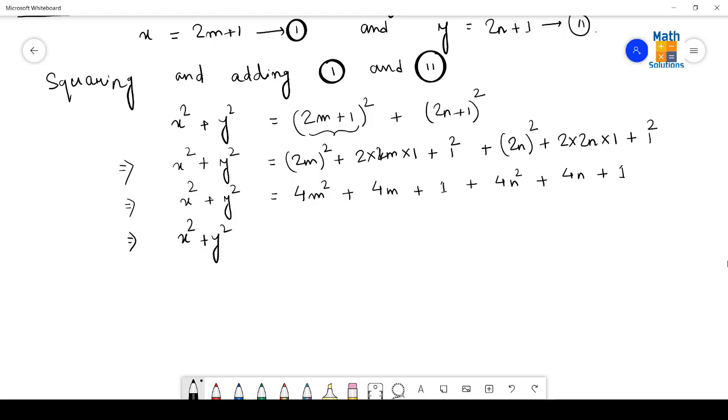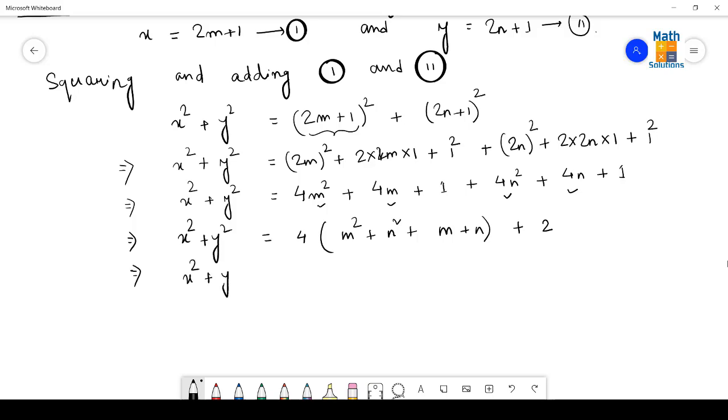Left hand side will remain as it is. On the right hand side, I can take common 4 in all these 4 cases. Am I right? So I'm going to take common 4 in all these 4 cases and arranging them properly. Within the bracket, I get m square plus n square plus m plus n, plus 1 plus 1, I get here 2.